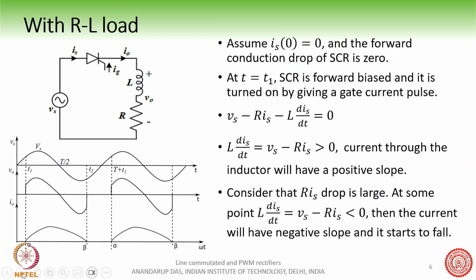Now let us see what happens if, instead of an R load, we use an RL load. As I told you, SCR or thyristor rectifiers were most frequently used for DC motor drives, and in DC motors the winding of the motor is considered to be an RL load for the converter.